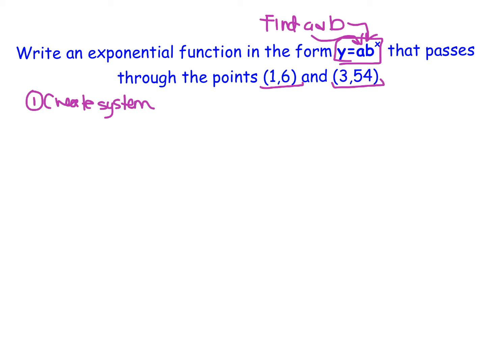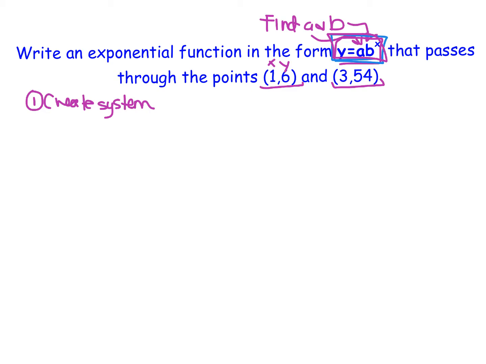So what we're going to do temporarily is take this equation form, y equals a times b to the power of x, and plug in what we know for each point. So here we know in the first point that x is 1 and y is 6. So we plug in 6 for y and 1 for x.